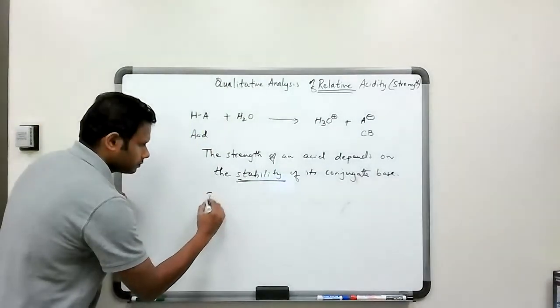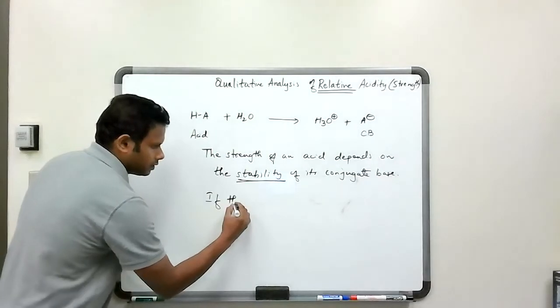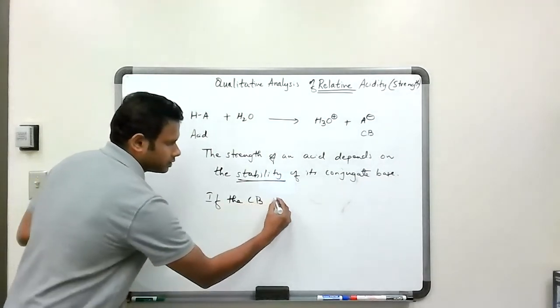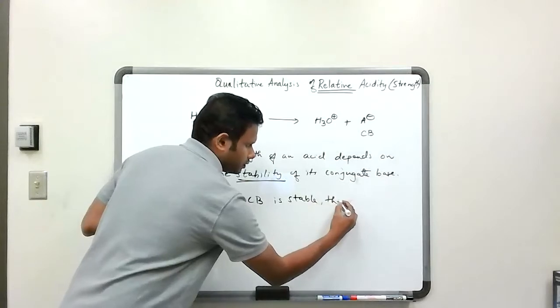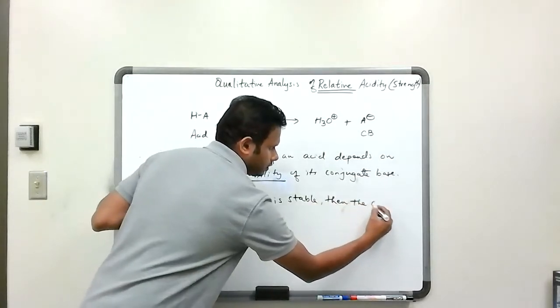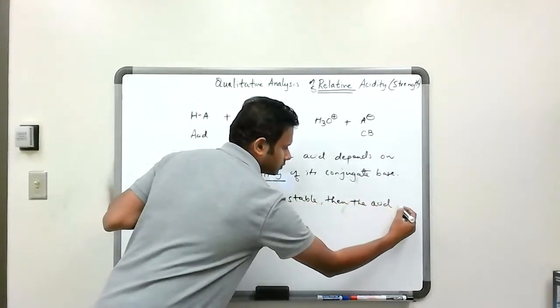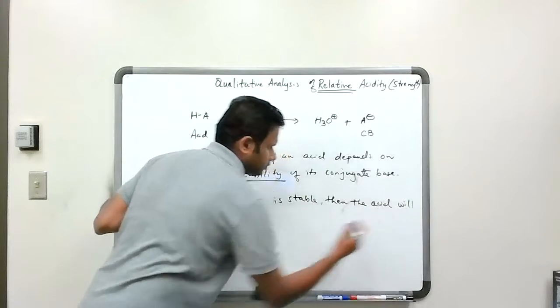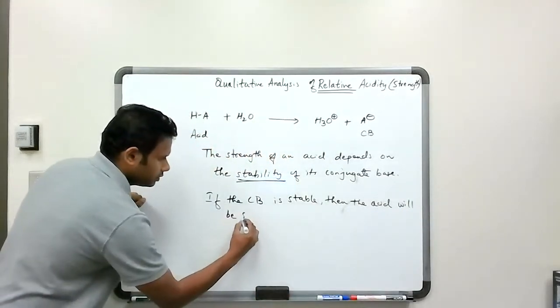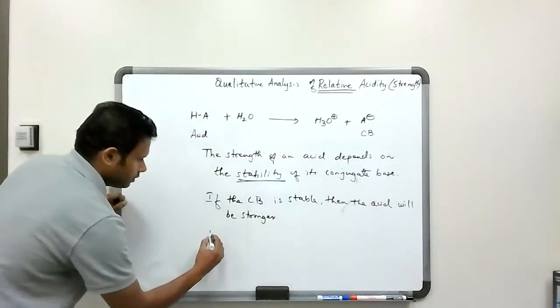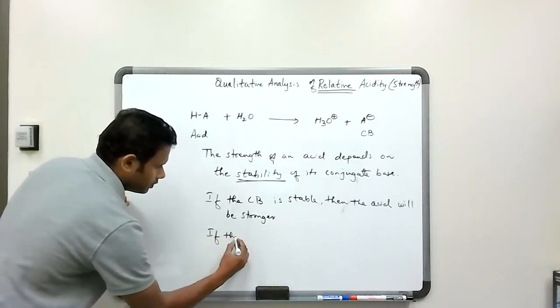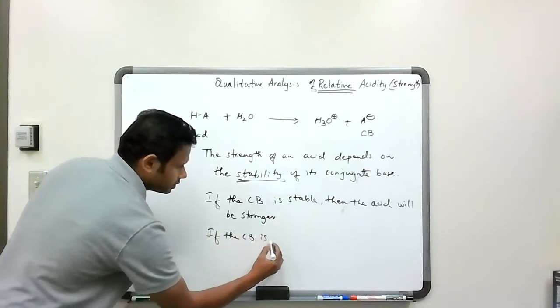If the conjugate base is stable, then the acid will be stronger.